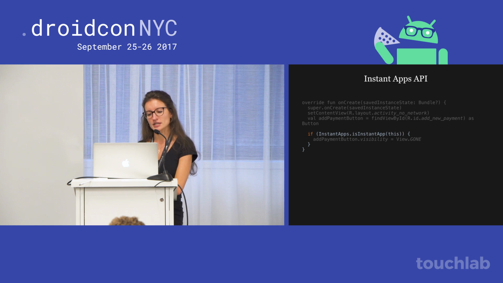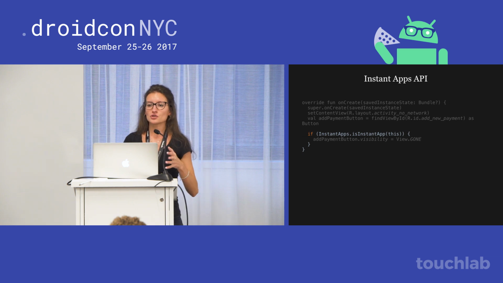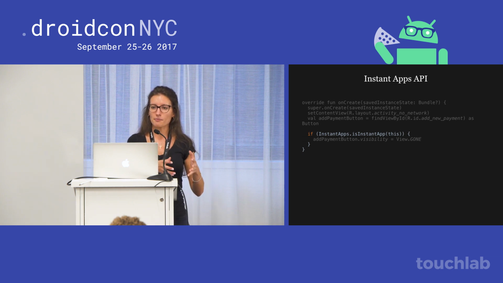There is a super helpful method that we used a lot, which is isInstantApp that takes a context. This method allows you to figure out whether your user is running within the Instant App context or within your installable application context.